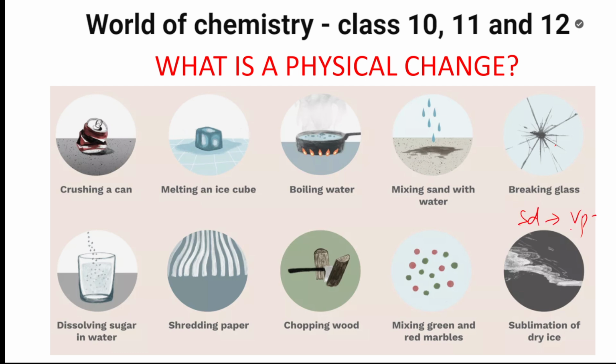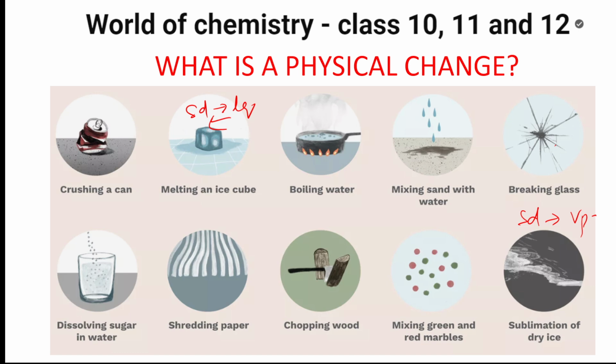Now just see, in all these cases, can you reverse the change? Yes. Crushing of the can: you hit it gradually and mold it back into a can. Ice cube: if you leave it, it gets converted to liquid; leave the liquid again and it gets converted to solid.